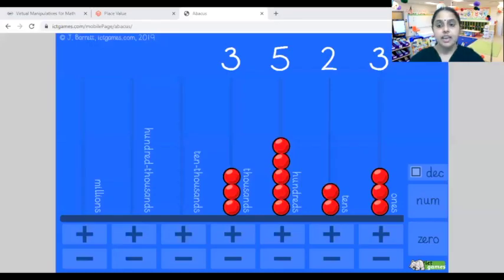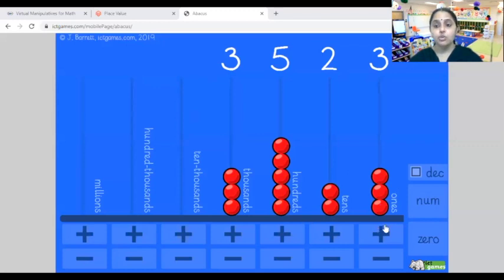See, I have taken 3,523 here on the abacus. Now we are going to add 2,898 to this. We will always start adding from the ones place.